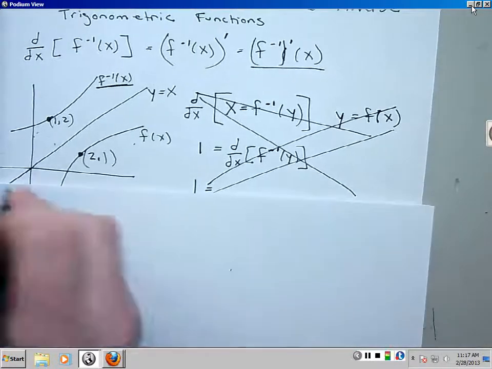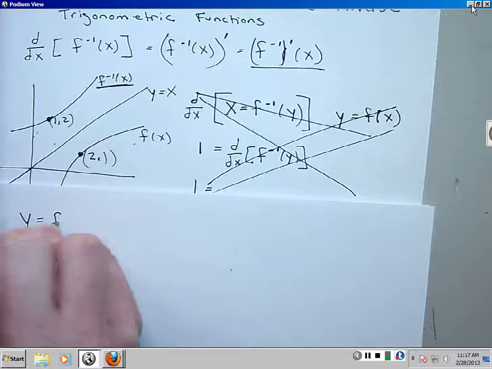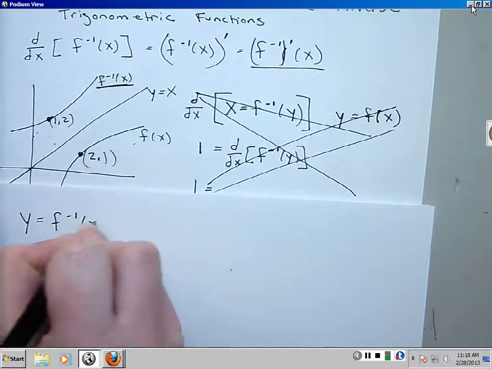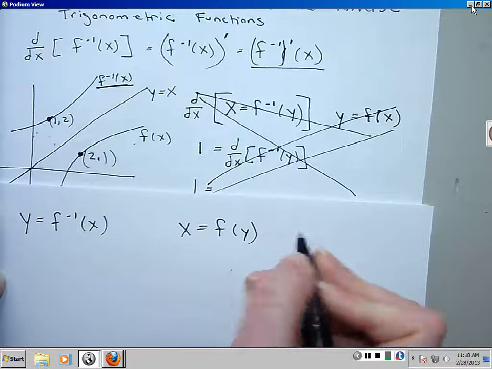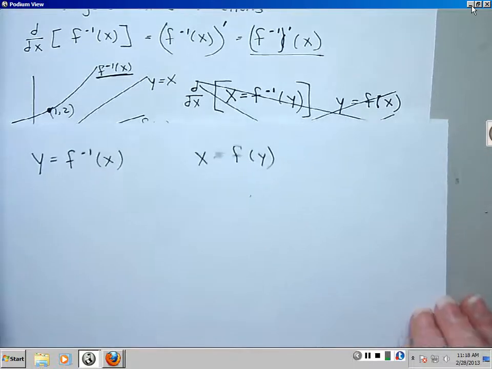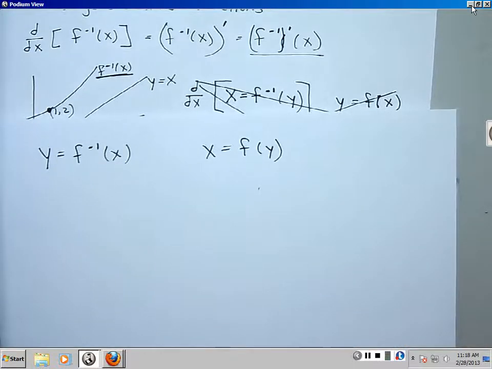So I'm going to say y equals f inverse of x, and x equals f of y. Knew it looked too easy. Okay, so now I'm calling y f inverse of x, and I'm calling x f of y.